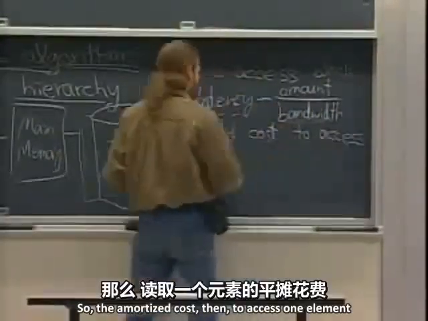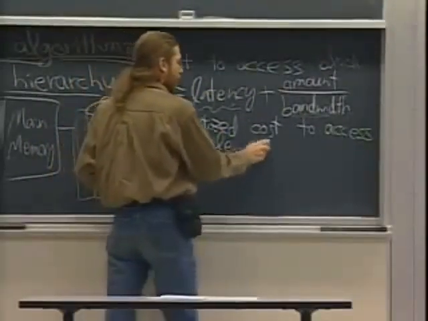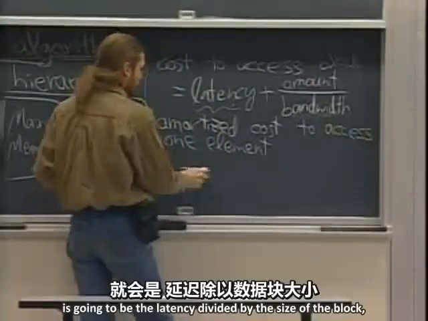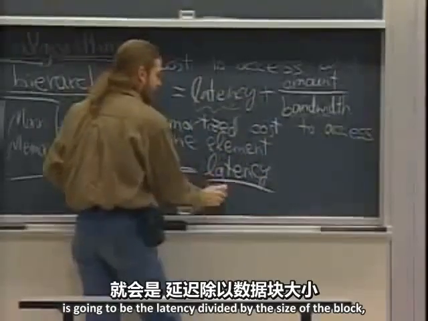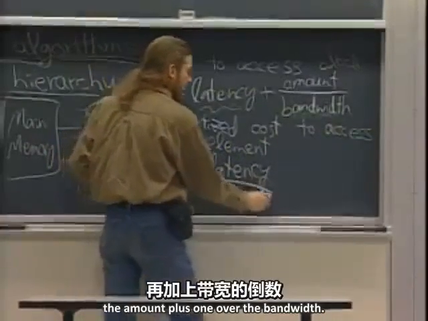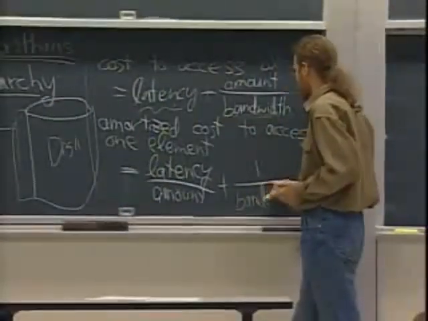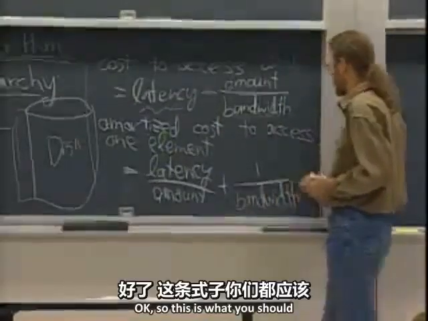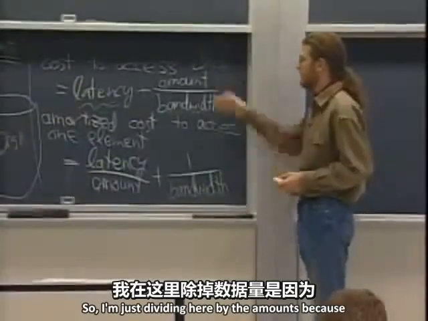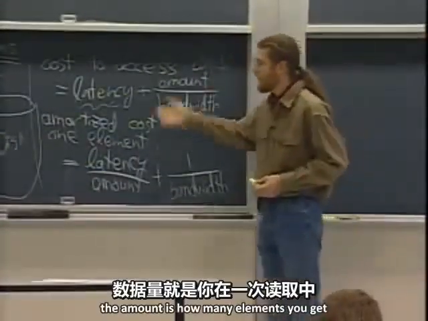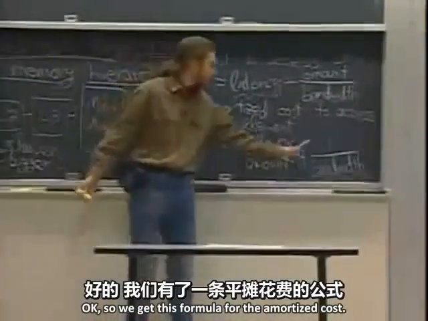So the amortized cost to access one element is going to be the latency divided by the size of the block, the amount, plus 1 over the bandwidth. This is what you should implicitly be thinking in your head. I'm just dividing by the amount, because the amount is how many elements you get in one access, let's suppose.